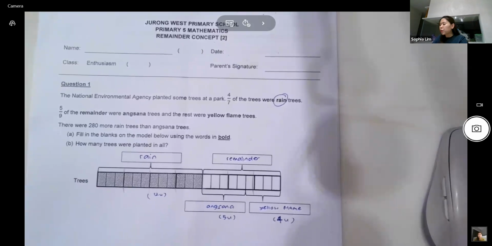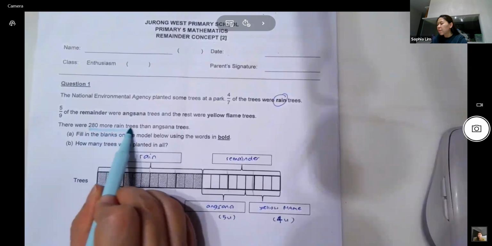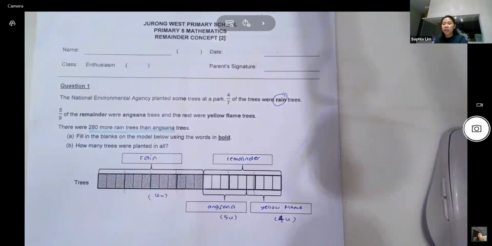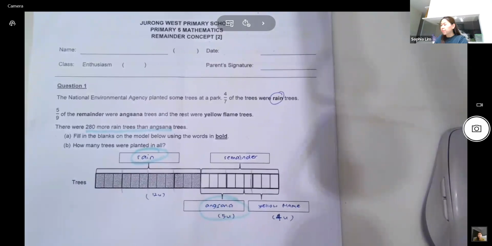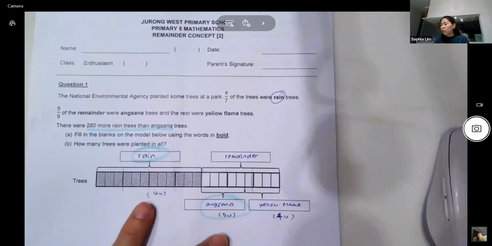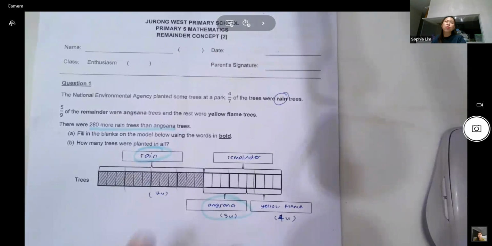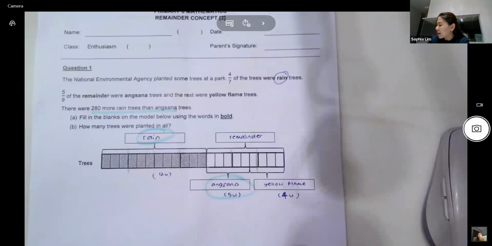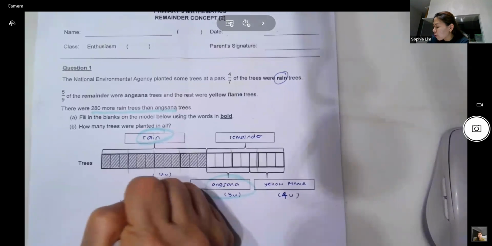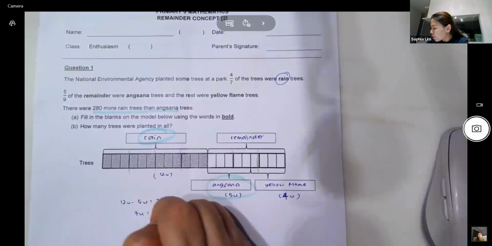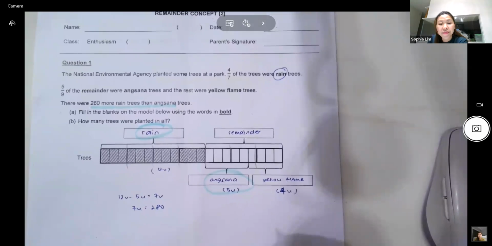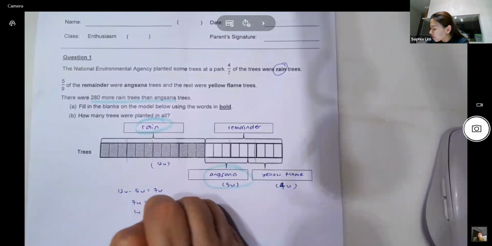Then take note, the phrase to take note is 280 more rain trees than angsana trees. They are comparing rain and angsana. So take note, when you want to compare the difference of the units, you need to use the correct units by taking 12 units minus 5 to give you 7. 7 units correspond to 280. Find 1.